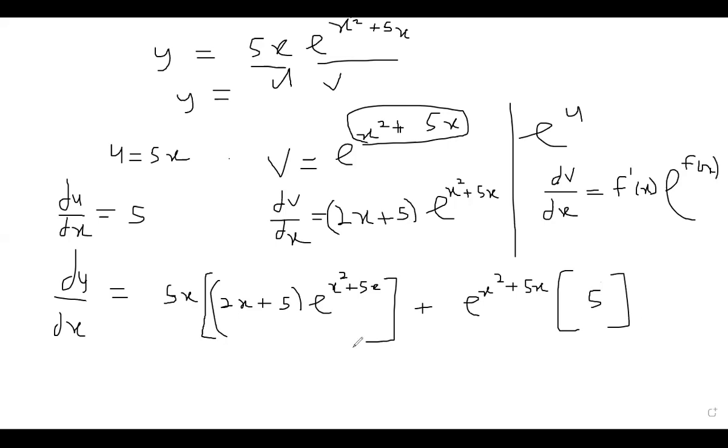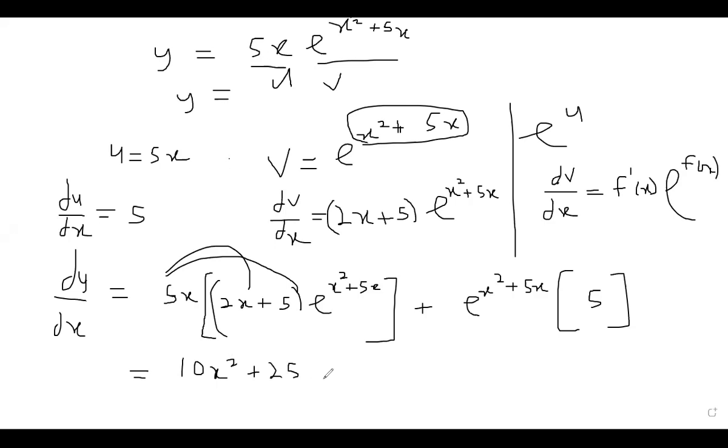So from here you can simplify. This will give us what? This multiplies this, you get 10x squared, and then 5x multiplies 5, you get, of course, the e is there. So 5 multiplies 5, you get 25x.